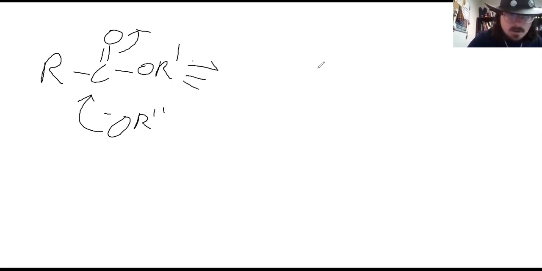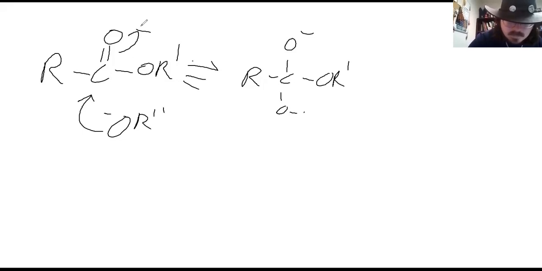So we have R, C. Okay. So we got that. Now, as I said, when this swings down to kick one of these off, if it kicks the R double prime off, we're back to our starting material.